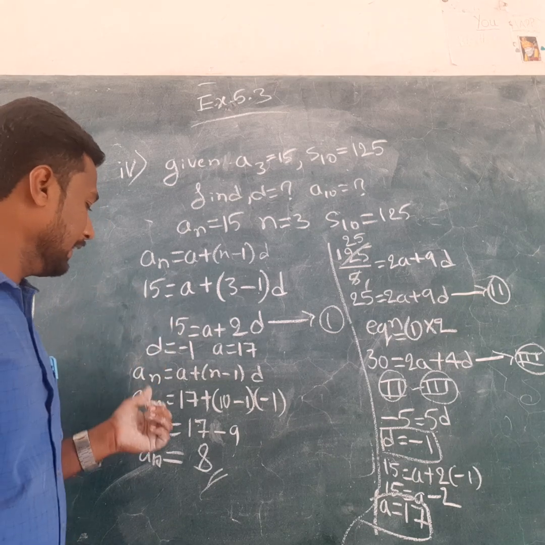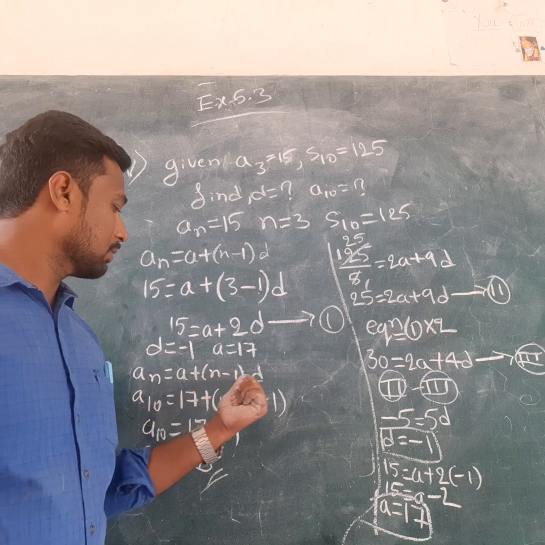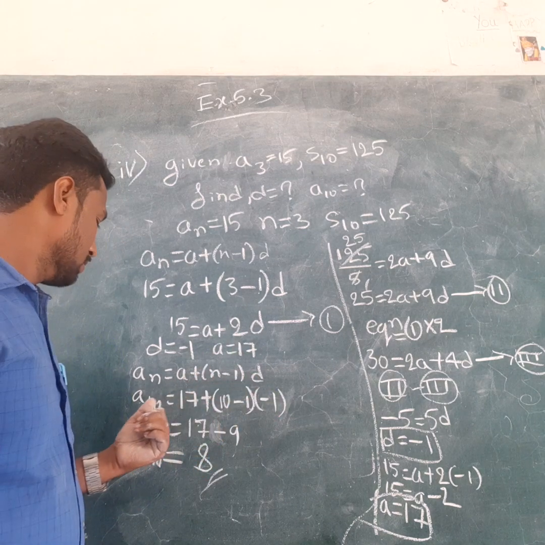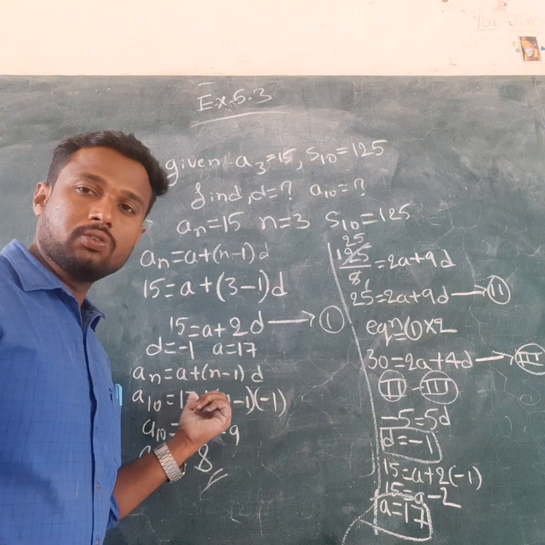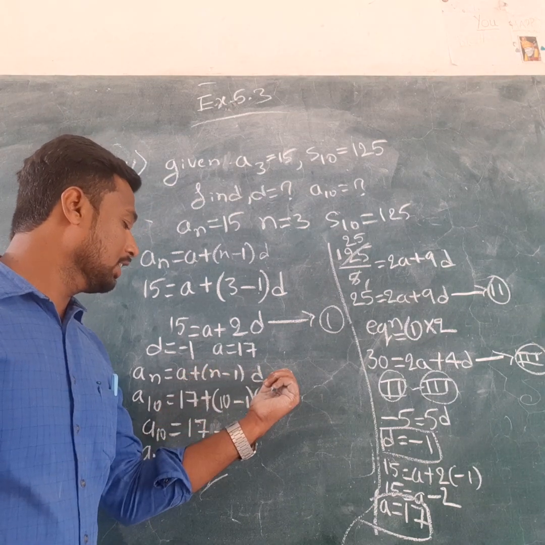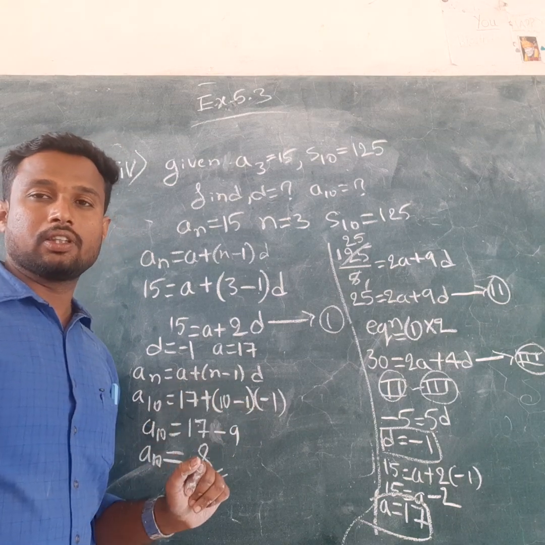I will calculate A10 value by using the An formula. An is equal to A plus n minus 1 into D. So here I can easily calculate A10 value, because just now we have calculated A value and D value, and I will consider n value as 10 only. Okay.